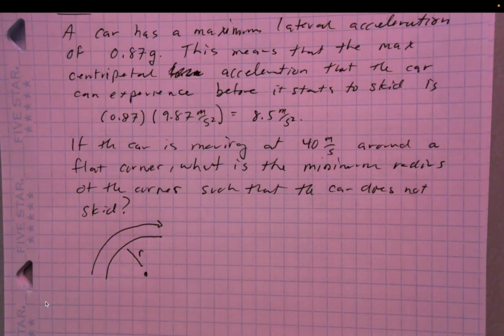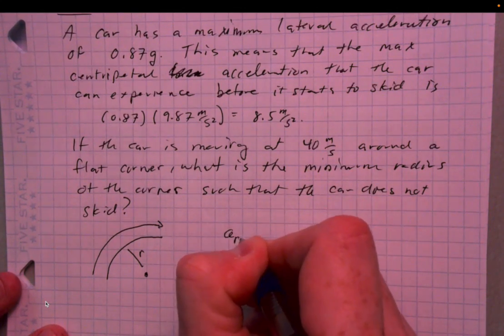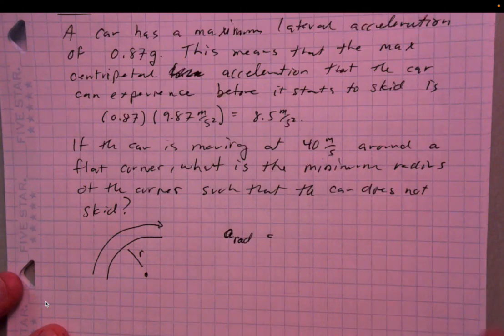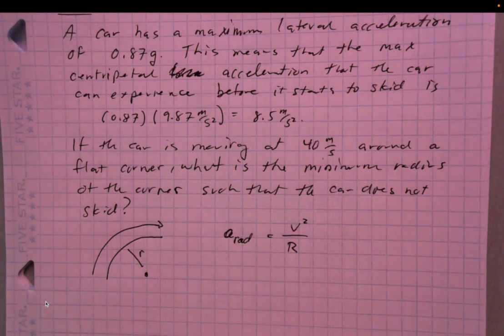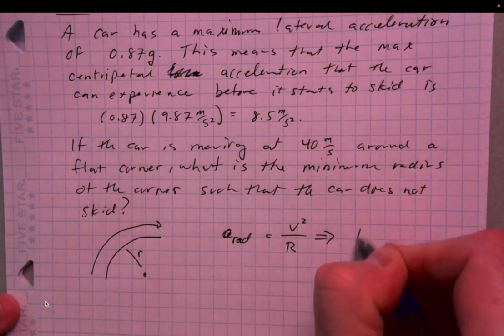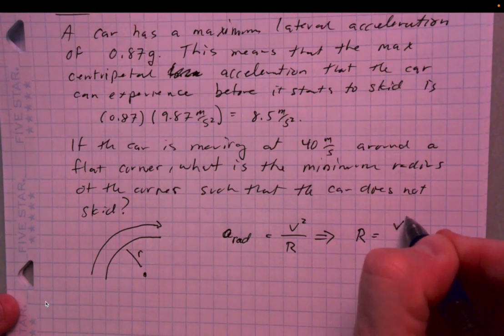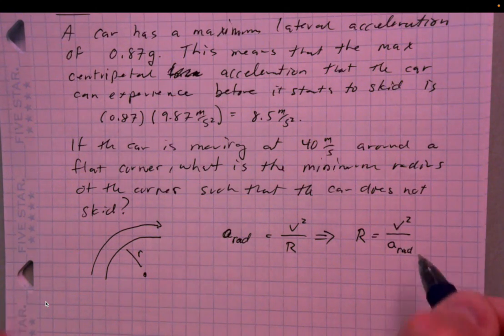So since it's uniform circular motion, let's just pull out the main equation here, and that is the radial acceleration is equal to the square of the velocity divided by the radius. And we can just rearrange this a little bit, and we'll see that the radius is equal to the square of the velocity divided by the radial acceleration.